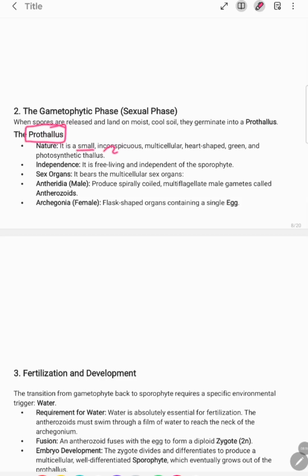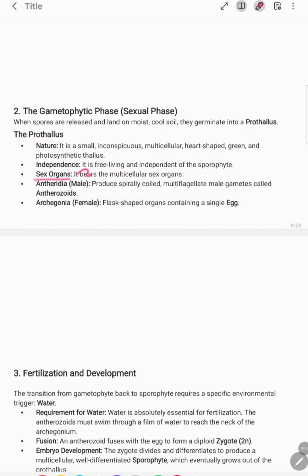It is small, inconspicuous, multicellular, heart-shaped, green, meaning a photosynthetic thallus. It is free living. Okay, the formed prothallus is free living and independent of the sporophyte, meaning it is not dependent on the sporophyte for its development or growth. It is independent of the sporophyte.